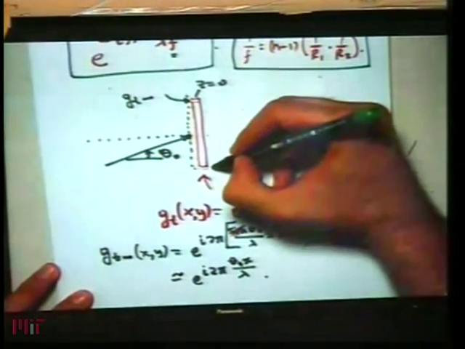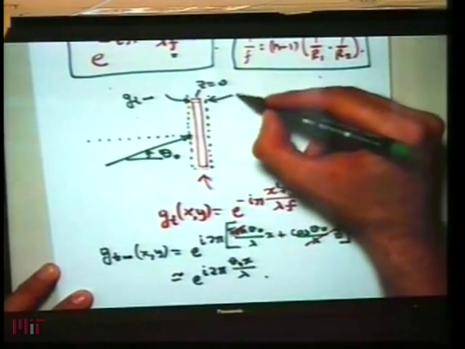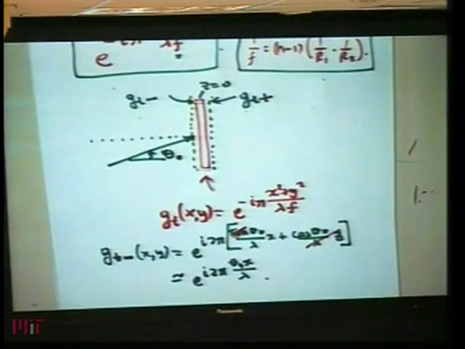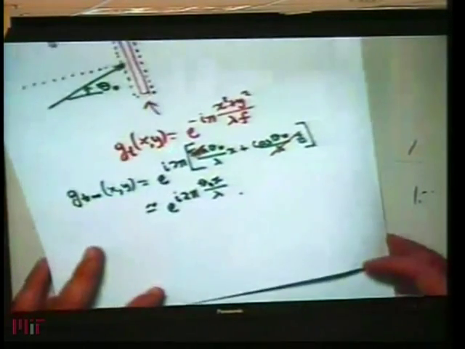Okay, so what I would like to do now is to compute the field after the transparency, G sub T plus. So the rule that we described when we did thin transparencies is that we multiply. I'm sorry, I'm using a slightly different notation on the whiteboard than in the notes. In the notes I have A minus and A plus, but it's basically the same thing.